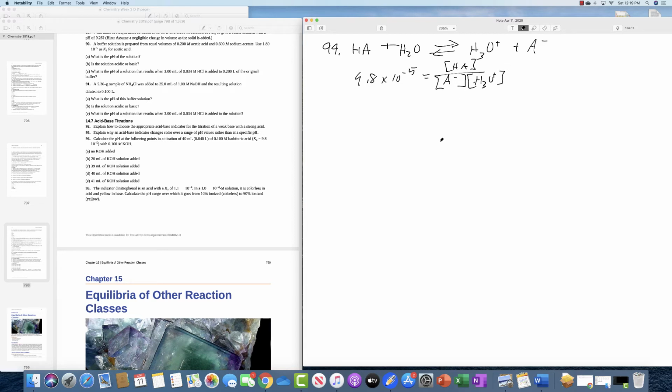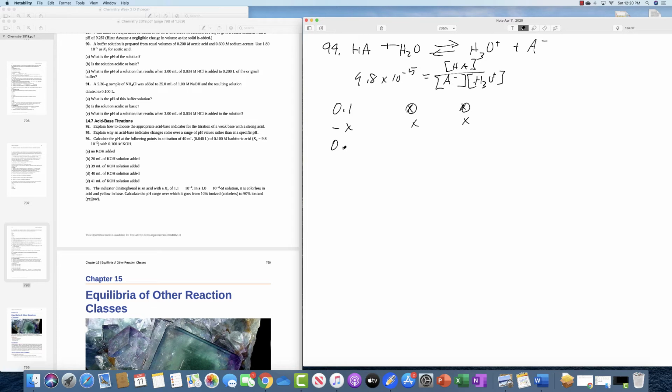So in the first situation, we have a 0.1 molar solution. So if we do our box, we have 0.1, 0, and 0. The change is minus X here, plus X here, plus X here.